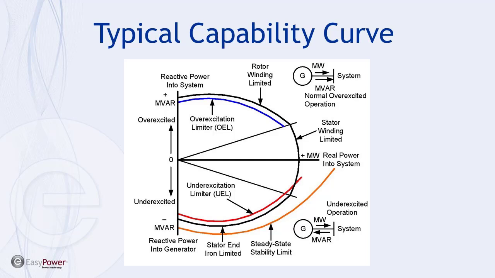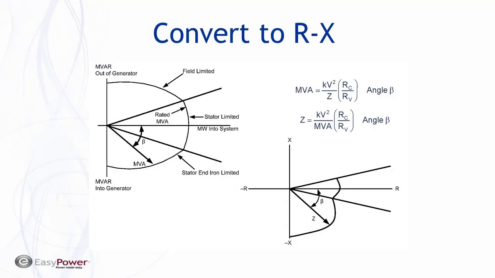So in order to monitor loss of field, we take this generator capability curve, where this is power and this is Q or VARs. We convert this to an RX diagram, which is the conversion of that curve.